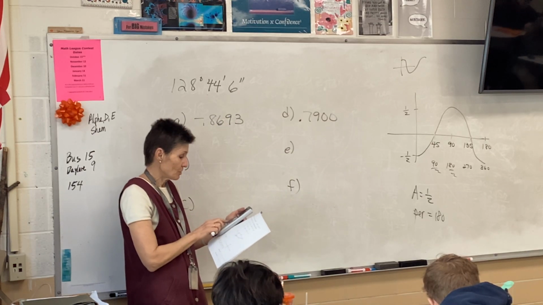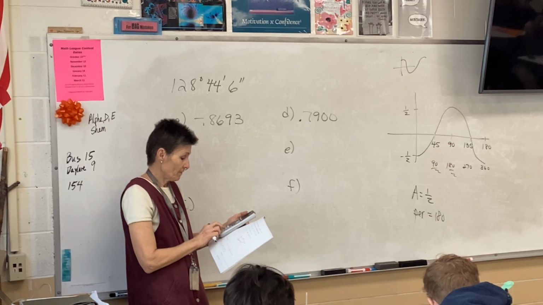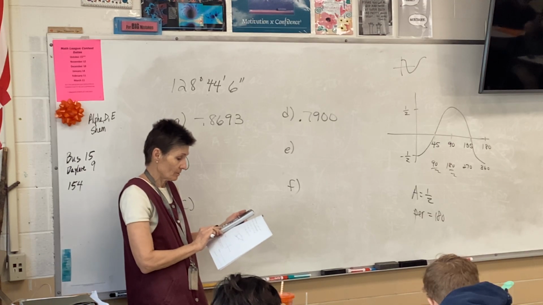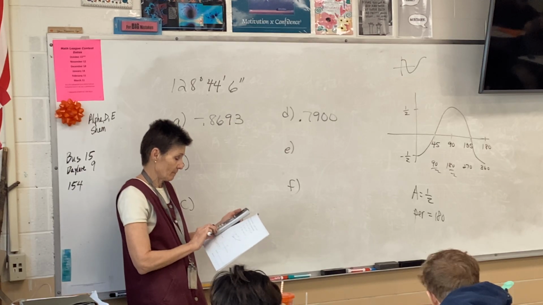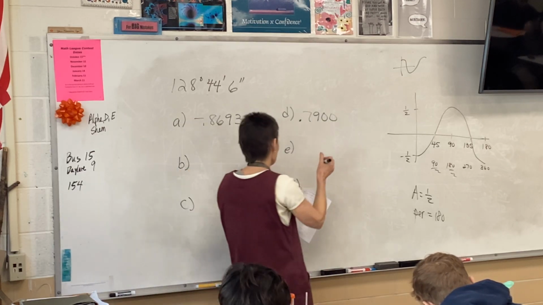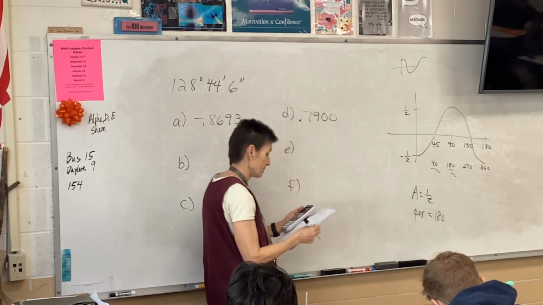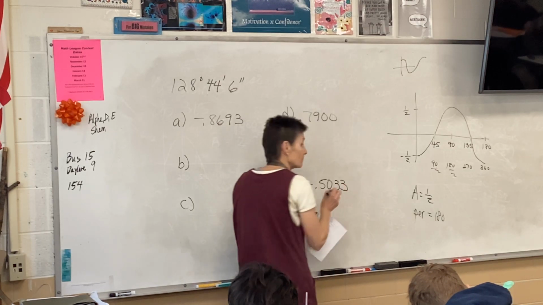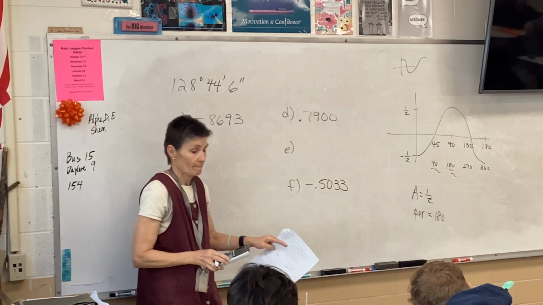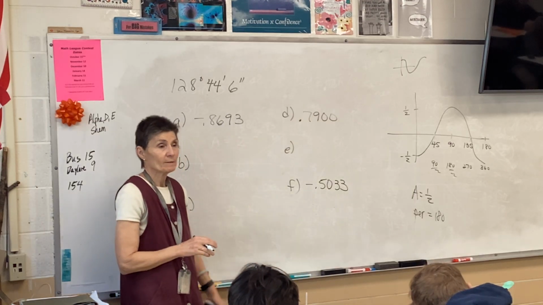And tangent 153 degrees, 17 minutes. Negative, which one is this? F, negative 0.5033. Are we okay with that?